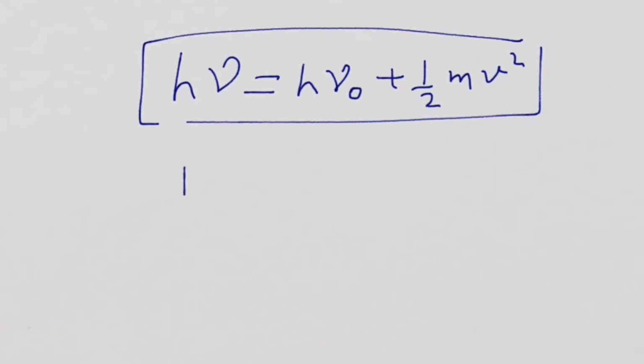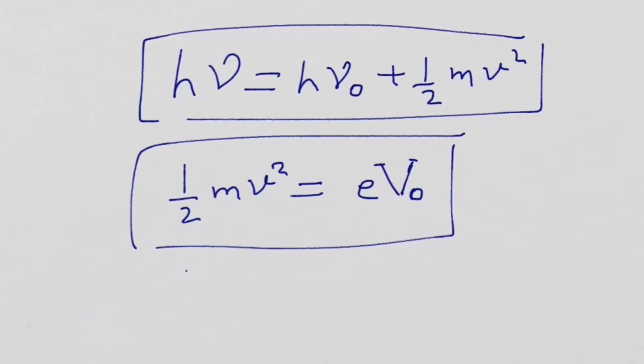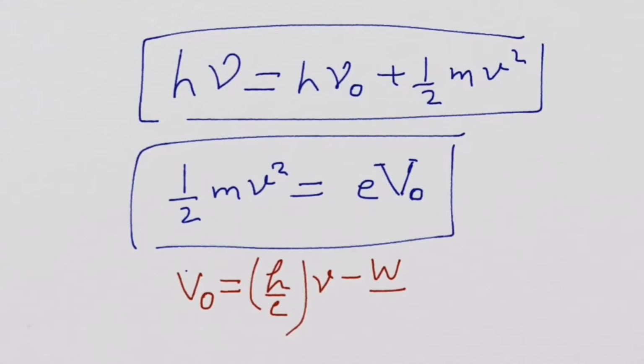Now, whatever be the kinetic energy gained by the electron, it can be stopped by using a particular opposite potential called stopping potential, and this is another relation that we are going to use to explain the photoelectric effect. Rearranging these relations, we will get stopping potential is equal to h by e times the frequency minus W over e.